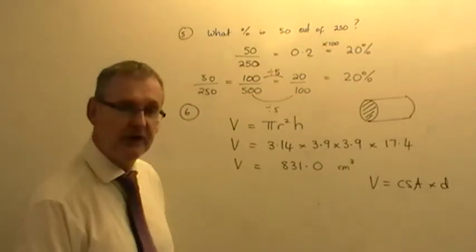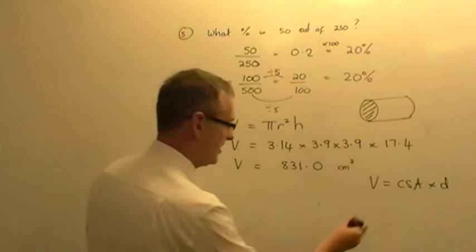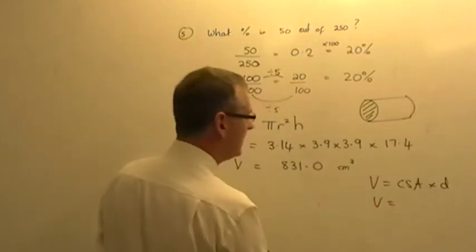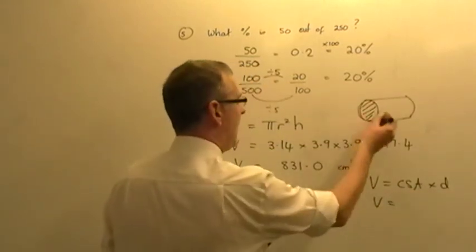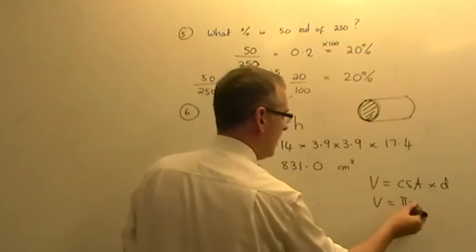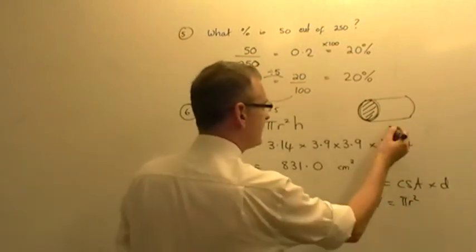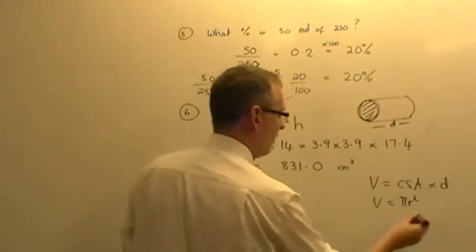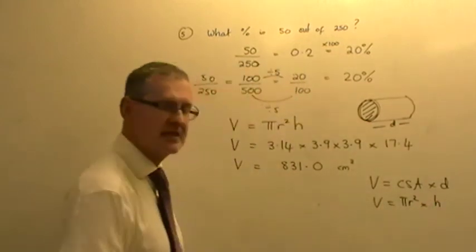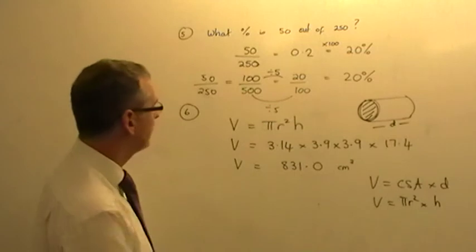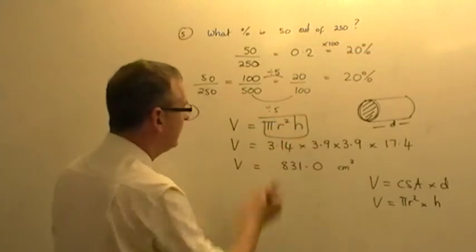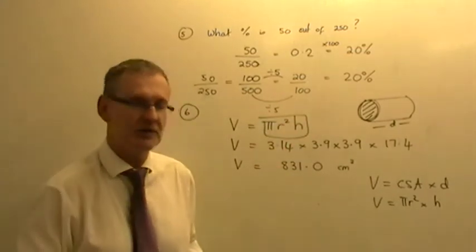Okay, but obviously if you're using that formula, what you need to realise is that the volume would be, cross-sectional area is the area of a circle, which is pi r squared, and then times by the depth, well, that's like timesing pi r squared by h, which is exactly the same formula you get by using the original pi r squared h.